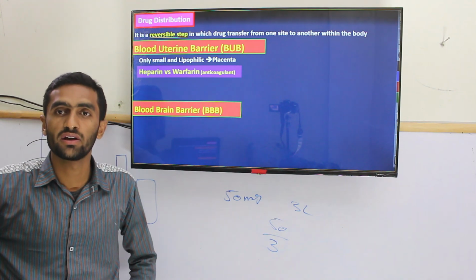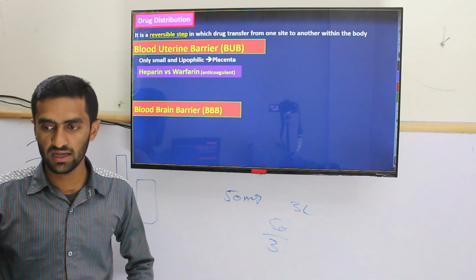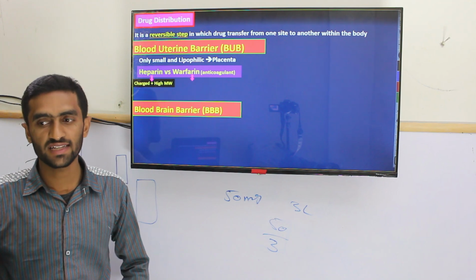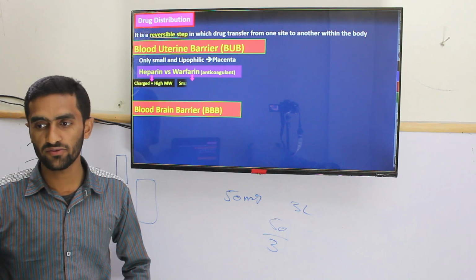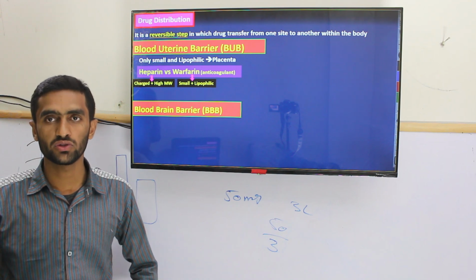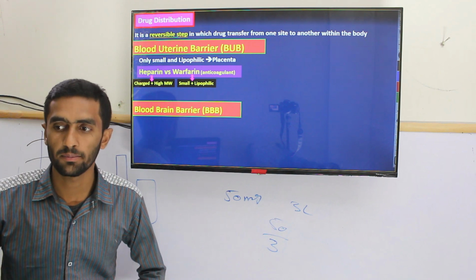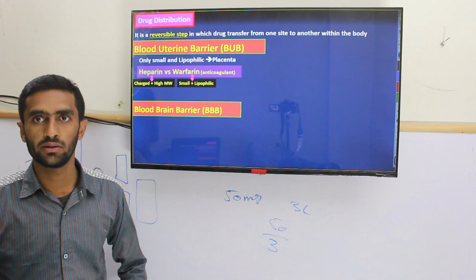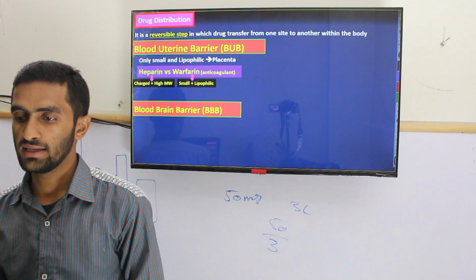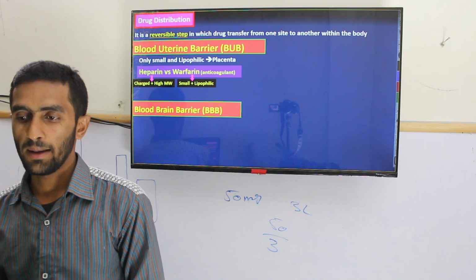Both are anticoagulants. What will be your choice? I give you some hint. Heparin is high molecular weight, while warfarin is small and lipophilic. Which anticoagulant will you prescribe to the pregnant woman? Of course, you are thinking right: heparin.